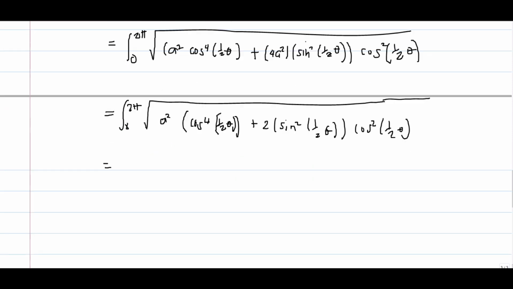Factor out cosine squared. So if you take the square root of the a squared, it would be a, no? So the integral from 0 to 2 pi, no?